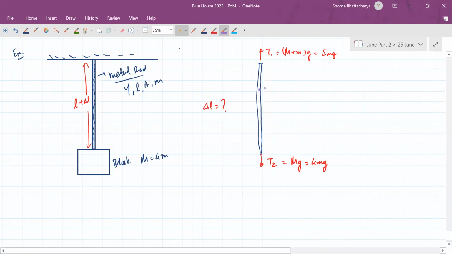So at any point like this, at a distance x, it will be actually like this.